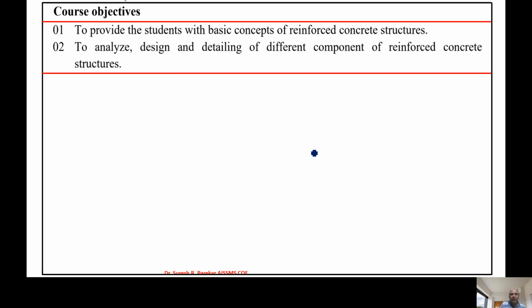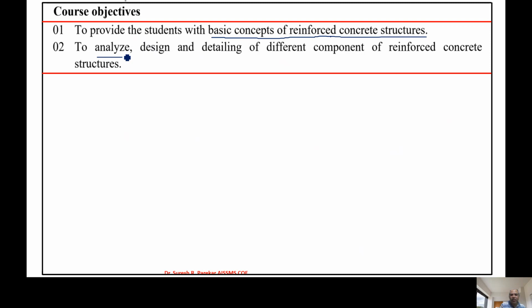Now, what are the course objectives of studying this subject? We have to provide the student with the basic concept of reinforced concrete structures. You should know the basic concept of these concrete structures, and you should be in a position to analyze.